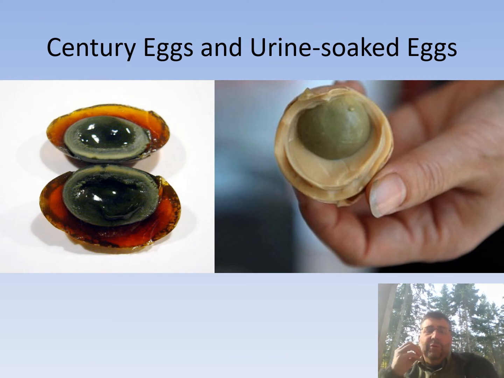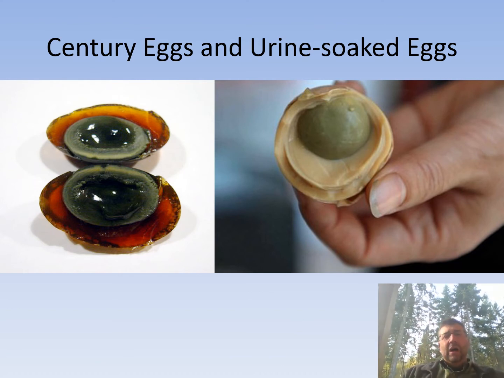Just some other examples of denaturing of proteins. There are, in some countries, especially in Asia, some other ways to prepare eggs. For instance, these are called century eggs, and what they do in century eggs is that they soak them in lye, which is a basic compound, sodium hydroxide, and they soak them not for a century, but usually for a few months.